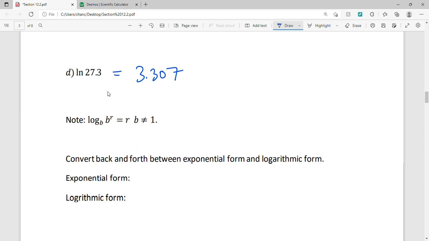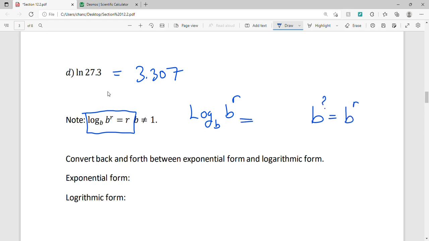There's a property of logarithms, and we saw this in example A. Log base b of b raised to the r is equal to r. You can think about this question. Log base b of b to the r is asking us b raised to what power gives us b to the r.